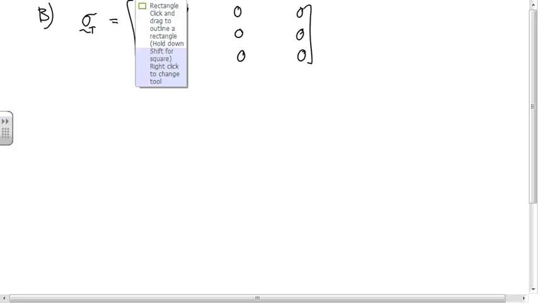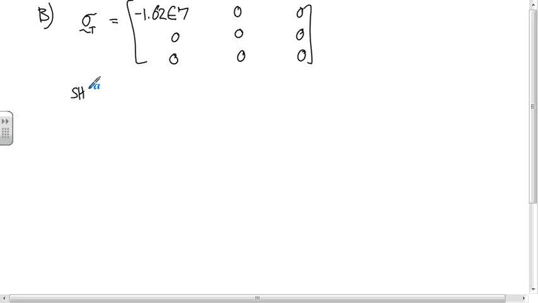Okay, so now due to shear force, well, we had 0 shear force, so again, that's going to be 0. Remember that Txy due to shear is always 0 at the extremes, right?